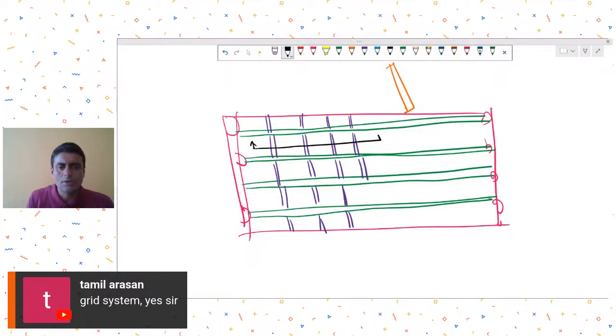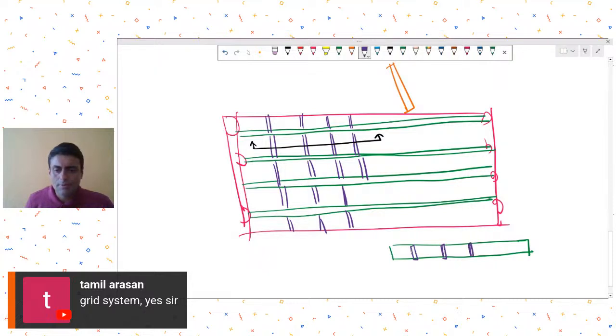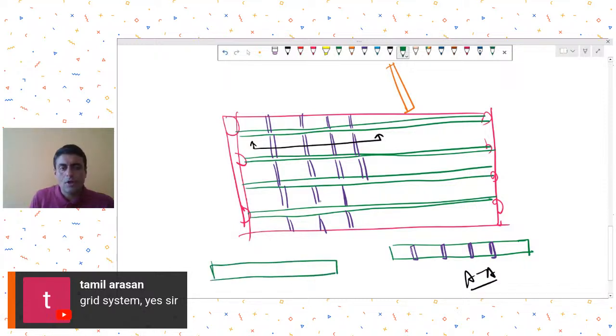In sectional view, my green plate is like this, and on the same level I have my purple plates also. This is one format of providing the system. Another way could be that my green plate is like this, and on top of it I have provided my purple system.